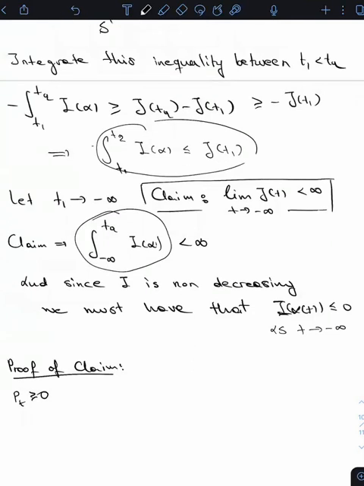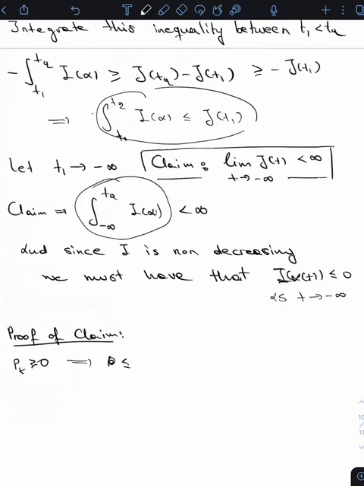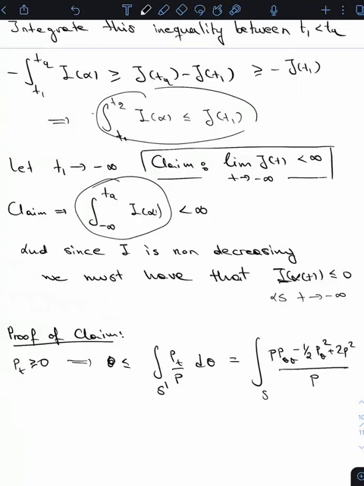This is kappa_t, which implies that 0 is less or equal than the integral of P_t over P. I'm going to write what I get for P_t, which has been computed: P_theta theta minus 1/2 P_theta squared plus 2P squared over P. In the first term P cancels, and I have the integral of P_theta theta, which is just 0.